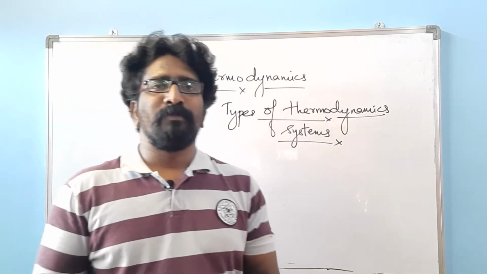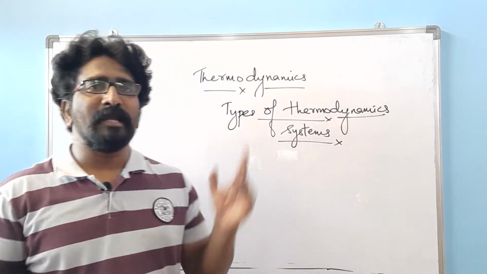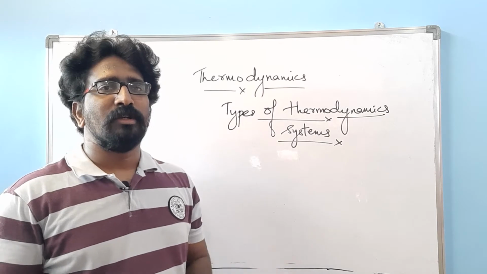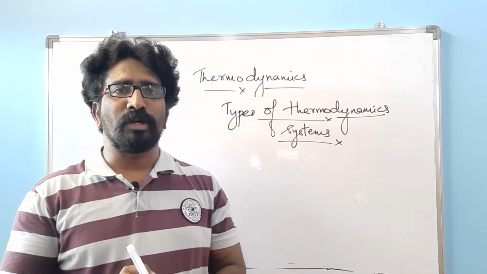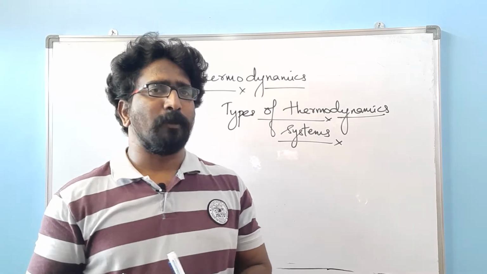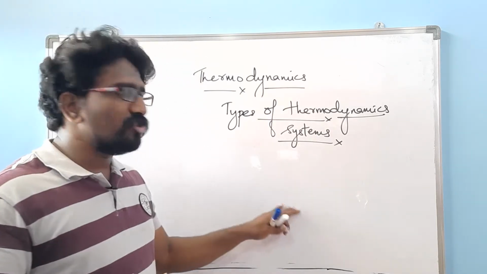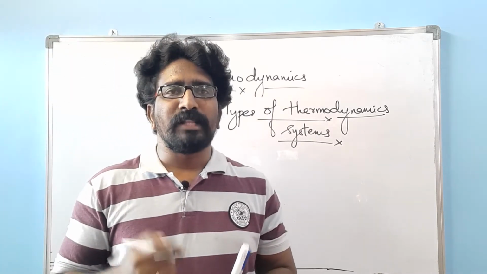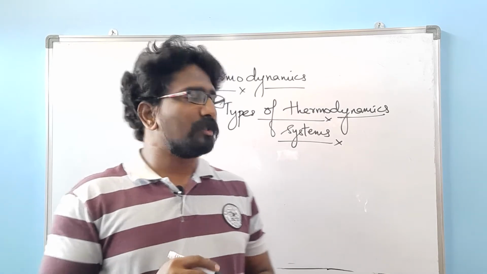Okay, the next concept is types of thermodynamic systems. So let us now try to understand what is meant by types of thermodynamic system. So see now, in general there are three different types of thermodynamic systems.